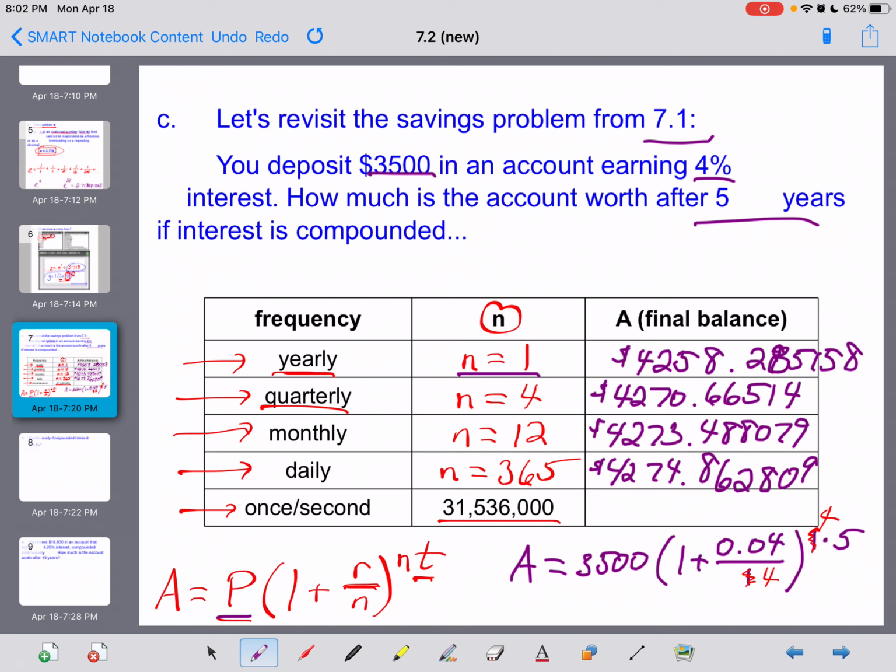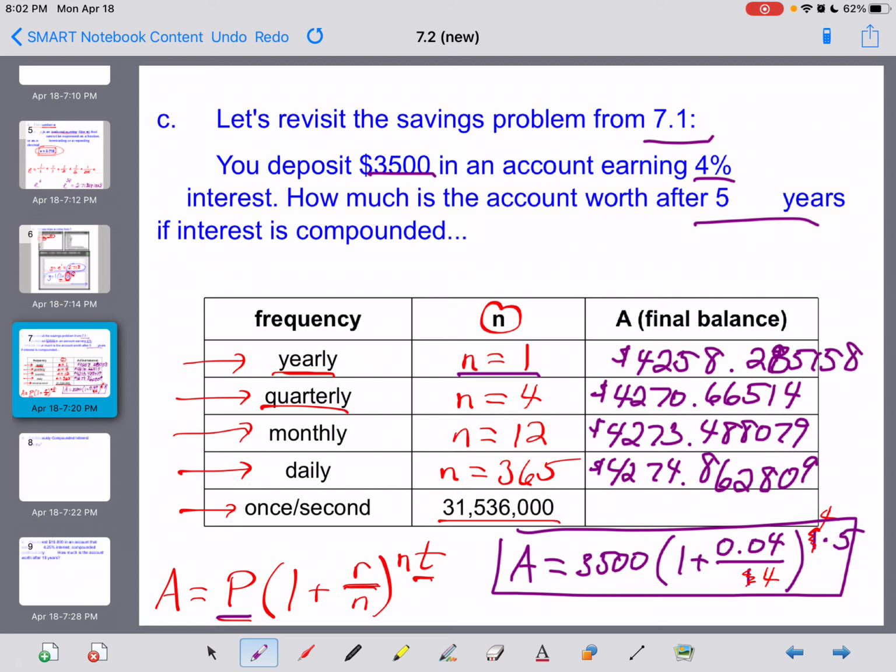So now, it sure seems like this is going to make us a ton of money, so let's try it. Back to this equation right over here, but now with that huge number put in the place of the 4s. So 3,500 times 1 plus 0.04 divided by 31,536,000. Close your parenthesis and raise it to a power that's n times t, 31,536,000 multiplied by 5 years.